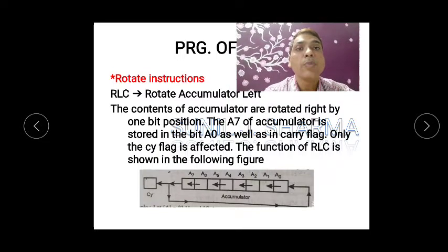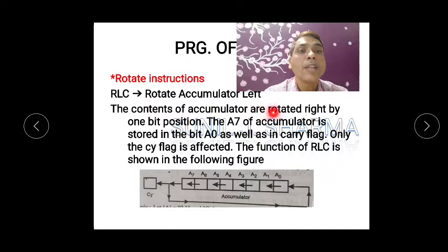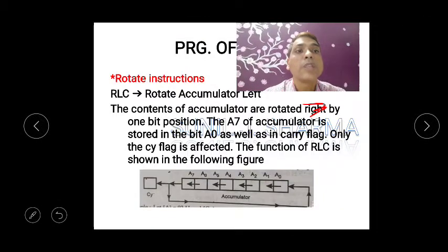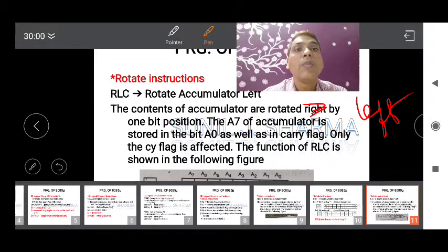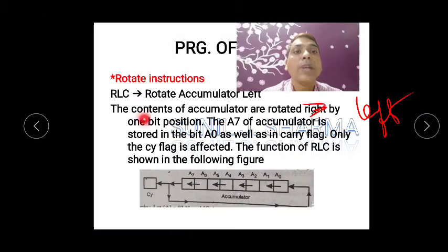It is exactly opposite. RLC, rotate accumulator left. The contents of the accumulator are rotated right, sorry, this has to be changed because it was copy-pasted, so it has to be left, by 1 bit position.